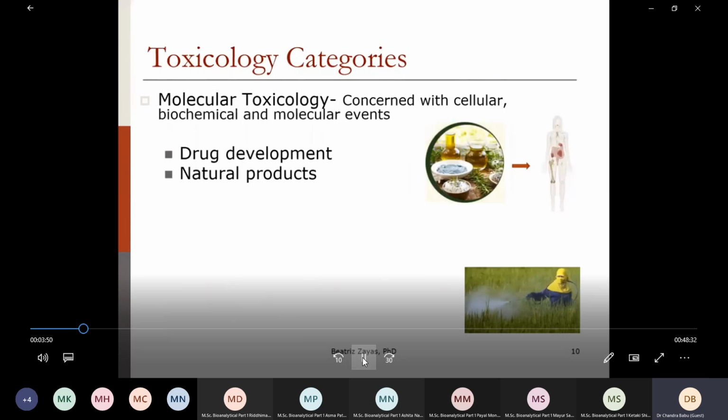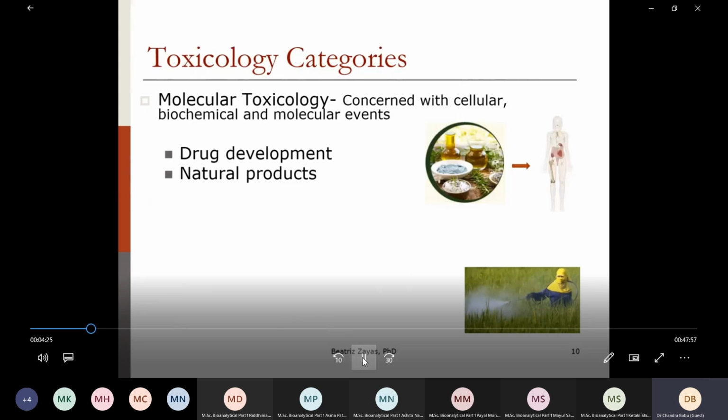Another highly applied area of toxicology is molecular toxicology. It's concerned with the events that occur at the cellular level or biochemical interactions as a consequence of exposure to certain substances. It's not only important in environmental toxicology or environmental science, it's highly important and necessary in drug development. And those of you that are interested in natural products, keep in mind that just because they come from nature does not mean they cannot have some effects.